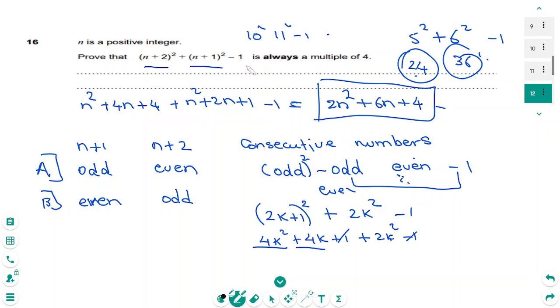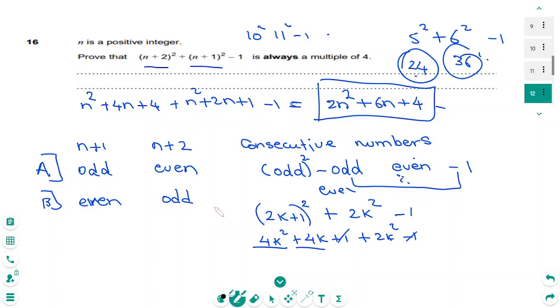And the last question I have is to show that this expression is always a multiple of 4. One way to do this is to expand the brackets and make it divisible by 4. You see that n plus 2 and n plus 1 are consecutive numbers on the number line.